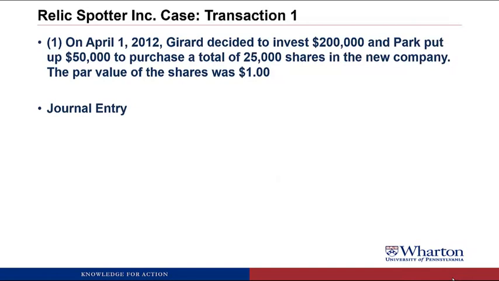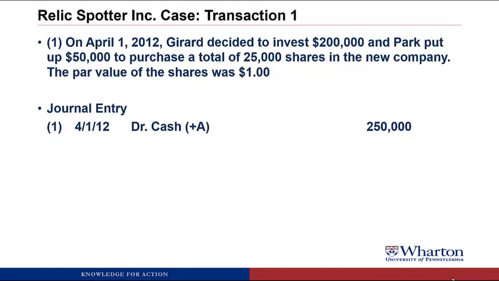In this transaction, we're receiving $250,000 of cash for issuing equity. Cash is increasing by $250,000. Cash is an asset. We increase assets through debits, so we're going to debit cash for $250,000 to increase this asset. We also have a $250,000 increase in contributed capital, which is stockholders' equity.